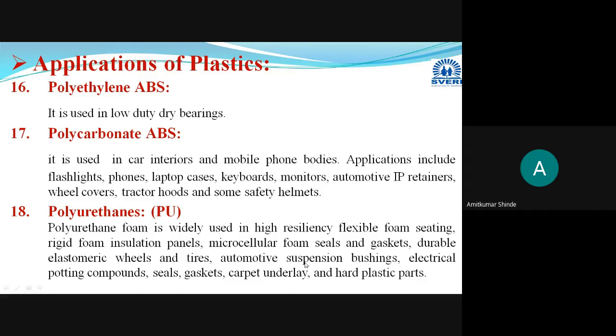Different components are there in the electrical field also. And simply, you will be able to see PU foam in the mattress, orthopedic mattresses or normal mattresses. This is nothing but the polyurethane. Okay, in this way, we have completed this application part.